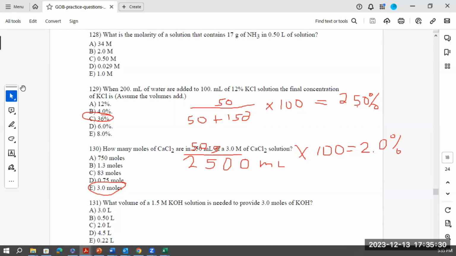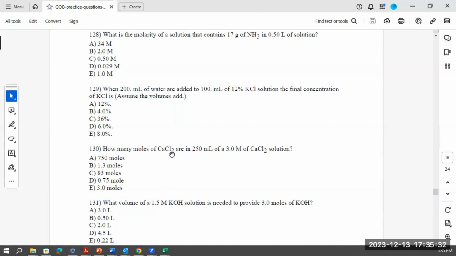How many moles of calcium chloride are in 250 milliliters of a 3 molar calcium chloride solution?